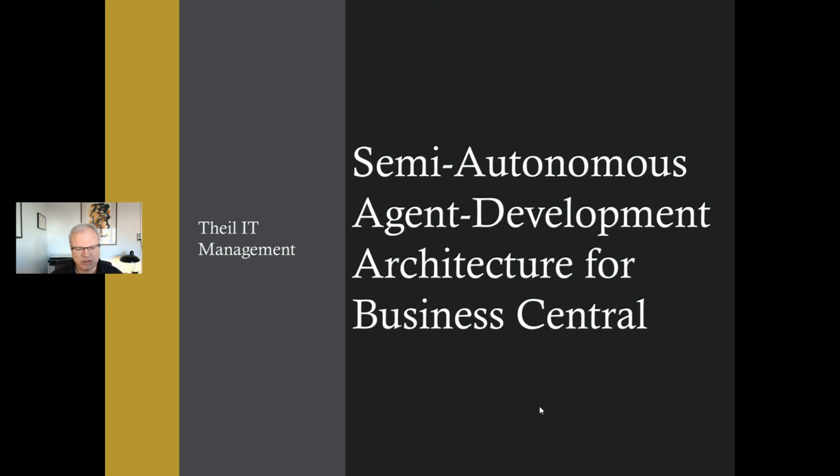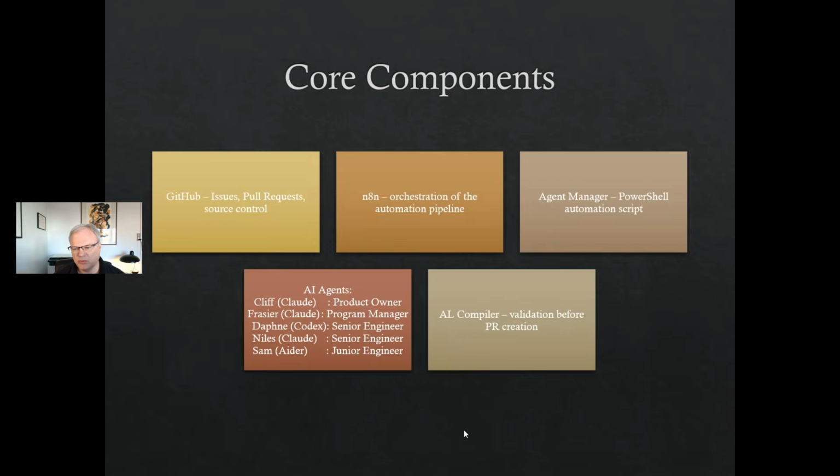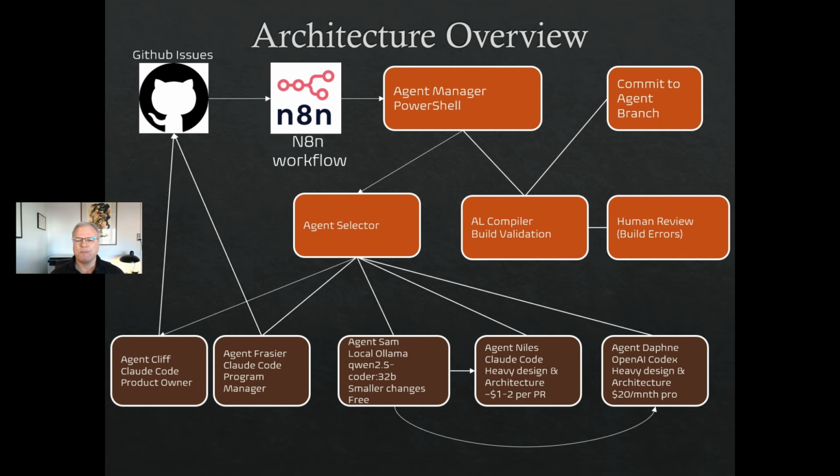But first, let me just give a quick overview of how this works and what the underlying architecture and components are. So if we move to this slide, everything starts in GitHub. The system is based on ALGO.